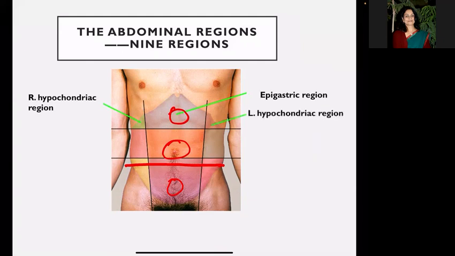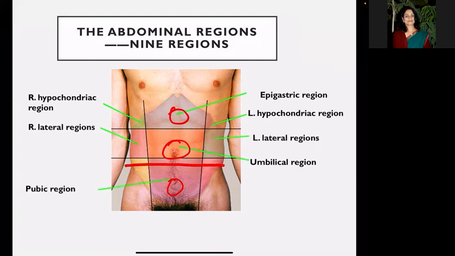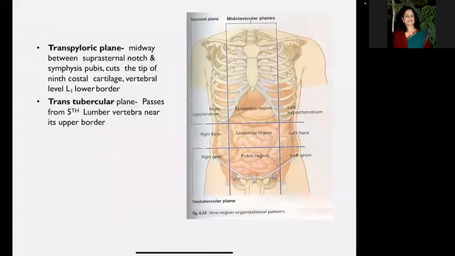You can see left hypochondriac, umbilical, left lateral, right lateral, pubic or hypogastrium, right inguinal, and left inguinal. We know this topographic division of the abdominal region into 9 quadrants is important to locate the position of organs underneath in the abdominal cavity.